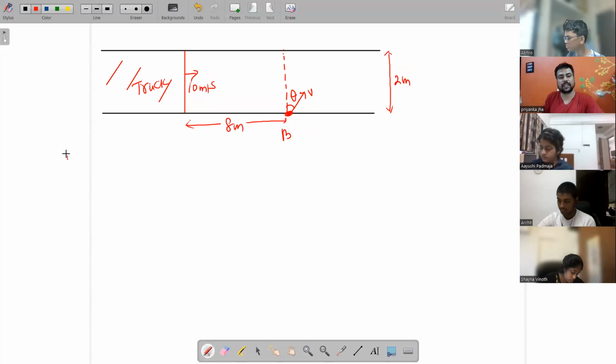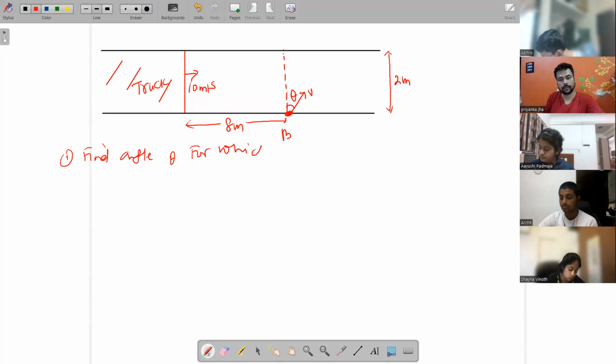So first question is find angle theta for which V is least. Means at what angle he should start crossing the road so that with minimum velocity he will safely cross the road.